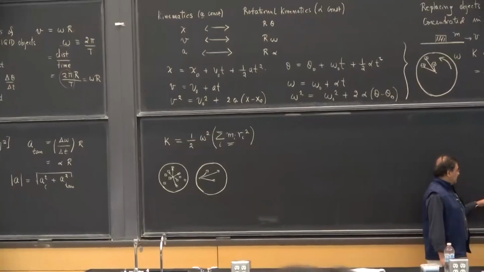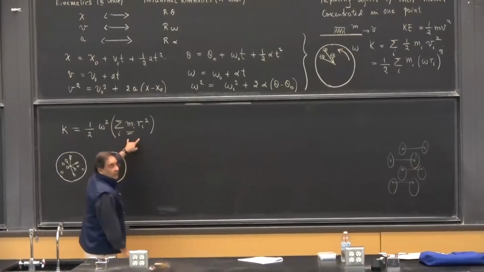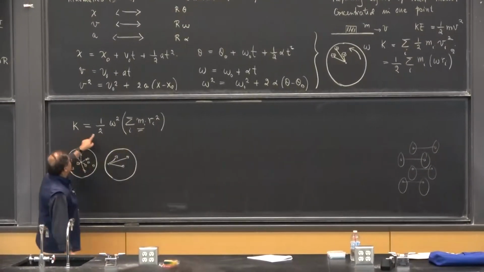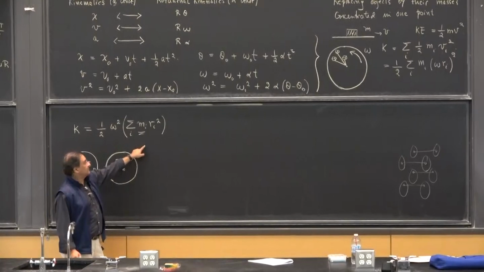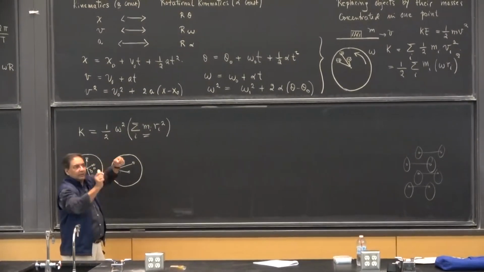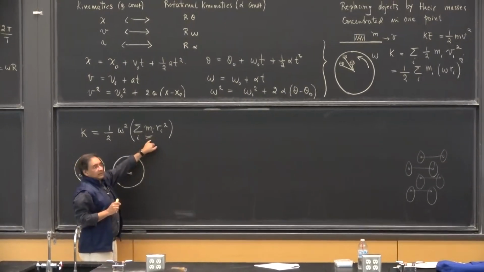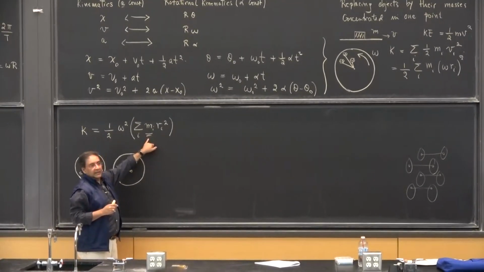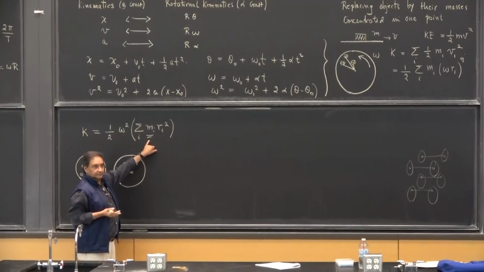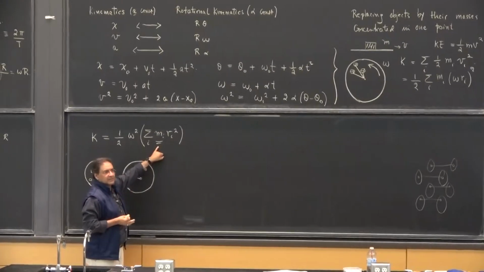It is not the effective radius per se. It will turn out that this quantity, remember, kinetic energy is 1/2 omega squared times this quantity. So now if you have an axis at one extreme end in an object which is quite symmetric like that, instead of having the middle, it will turn out that this quantity will actually get jacked up in value, which is what you are roughly trying to say by effective radius.